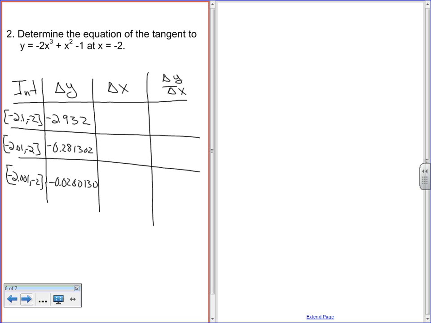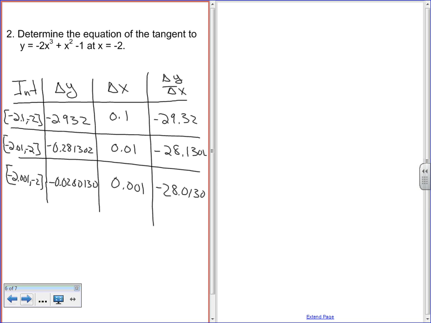So those values. The change in the x's, for every single one of these interval charts, should always be the exact same thing. Like, never change. So these guys, then you divide them through, and I get negative 29.32, negative 28.102, and negative 28.0.